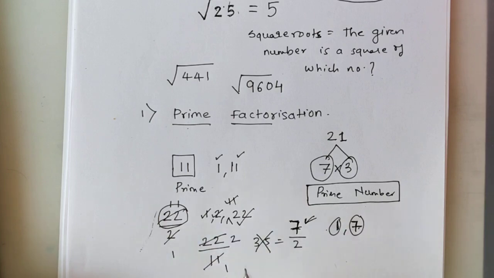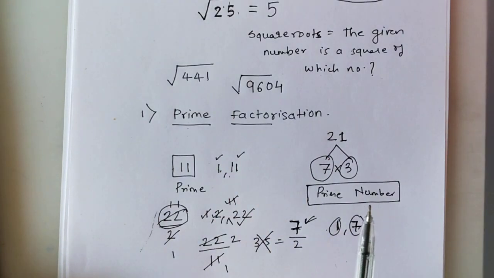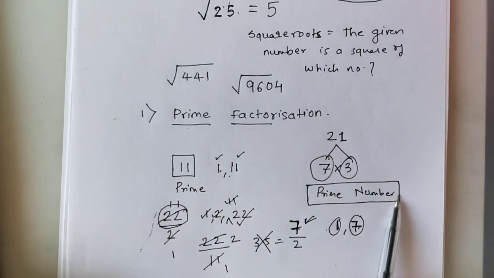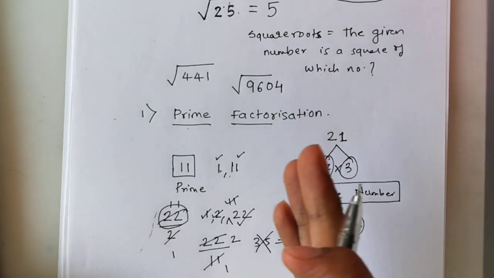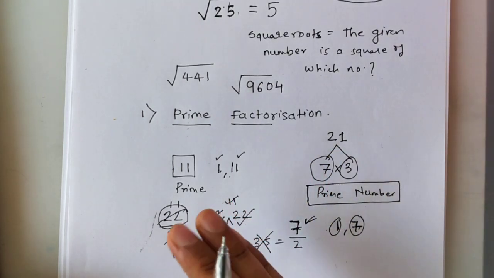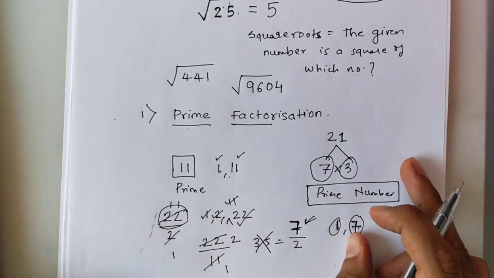So this is not a prime number. What is a prime number? One which has only 2 factors. This was a basic introduction to prime numbers. Although in this chapter we are not going to study how to identify prime numbers, this was done in your lower standards, like 6th and 7th standard. This was a quick revision for you.